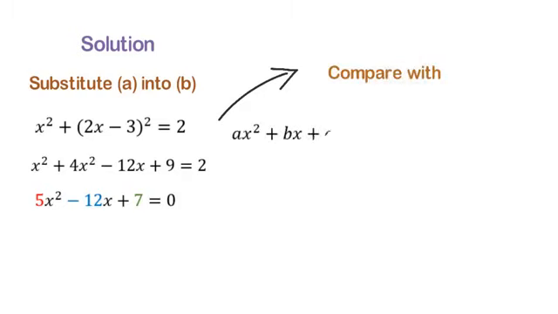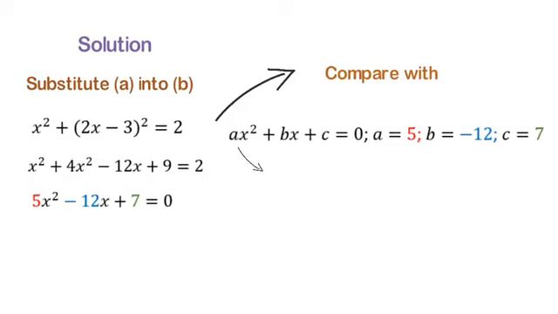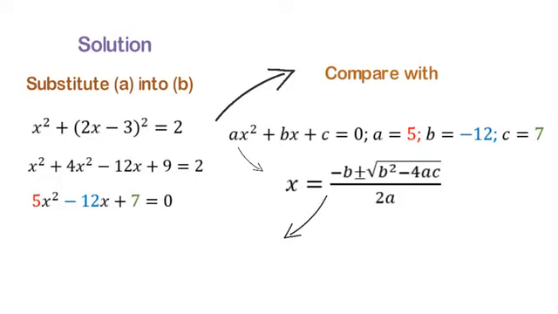Compare these to ax squared plus bx plus c equal to 0. We'll find out that a is equal to 5, b is equal to minus 12, and c is equal to 7. Remember the formula x equal to minus b plus or minus the root of b squared minus 4ac all over 2a. Substitute the values into the formula.